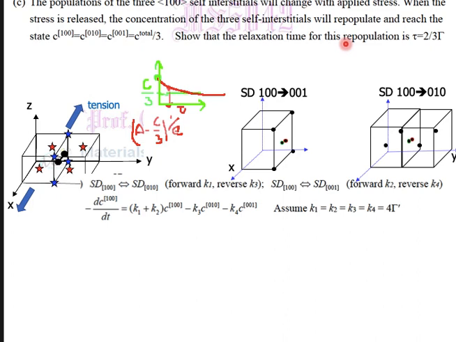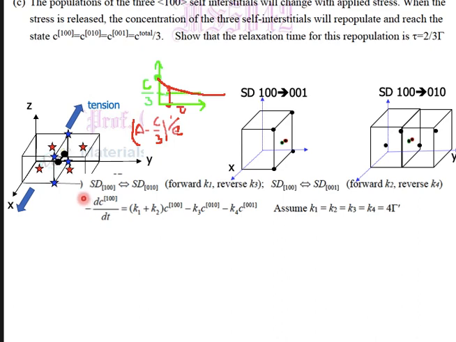The other idea probably was, Professor, how about using the diffusion equation? But don't forget that the diffusion equation in non-steady state involves the concentration changing with time and location. We don't have the location part, right? So you cannot use either of those approaches to answer these questions.